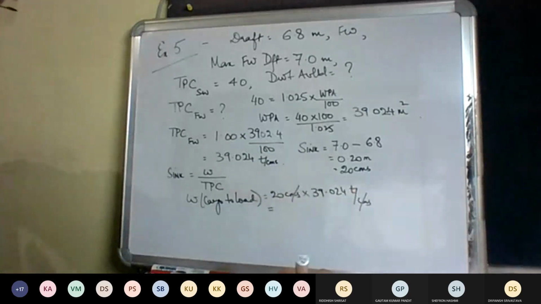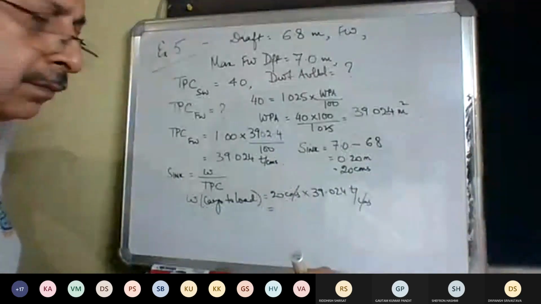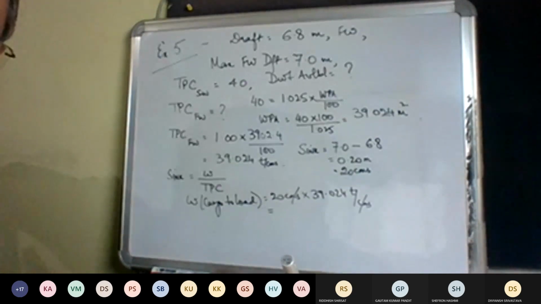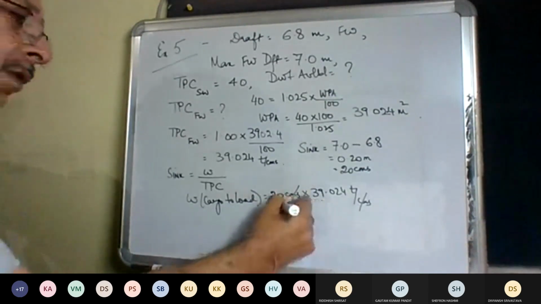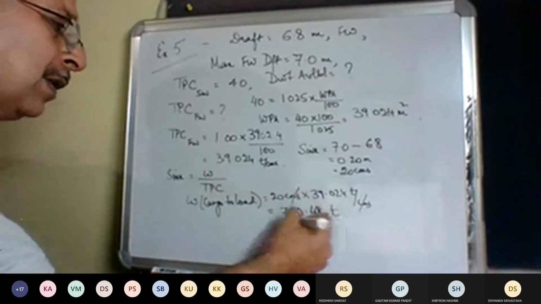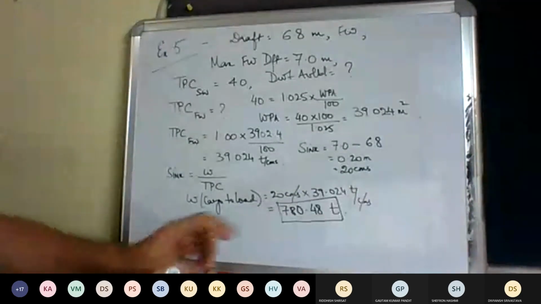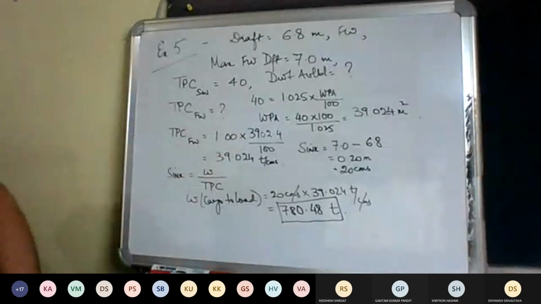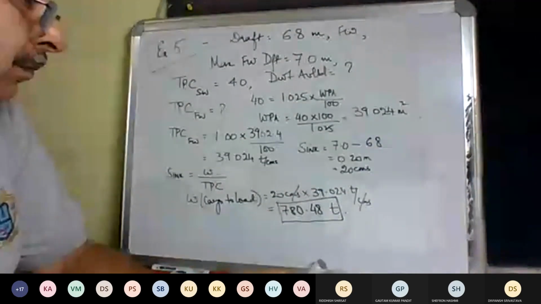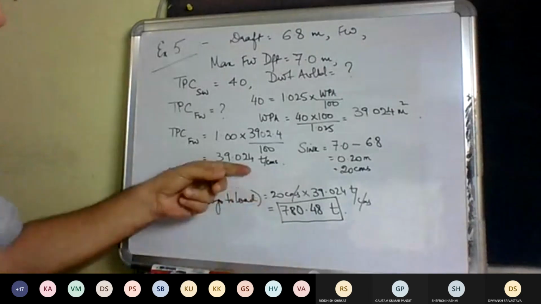Centimeter cancels. The cargo to load therefore is 780.48 tons. That means I can load this much more cargo so that my draft increases by 0.2 meters. That means I can load 780 tons more at this TPC.